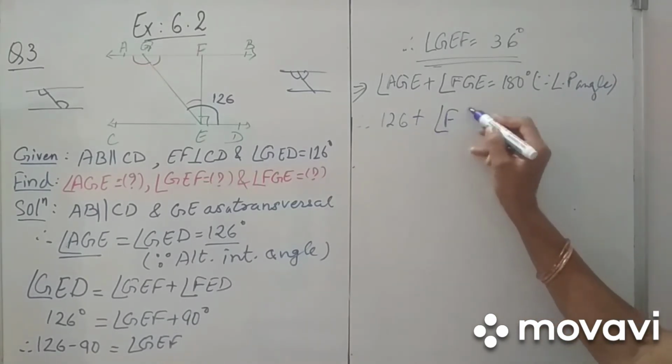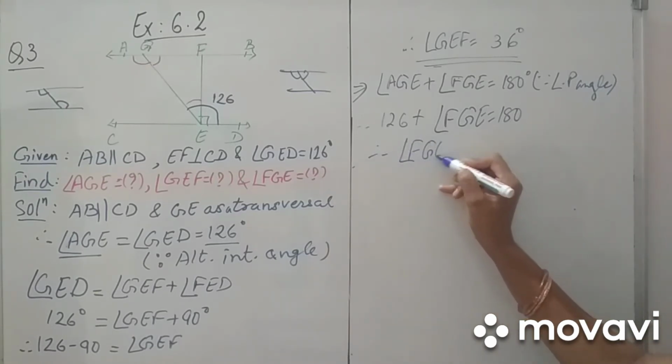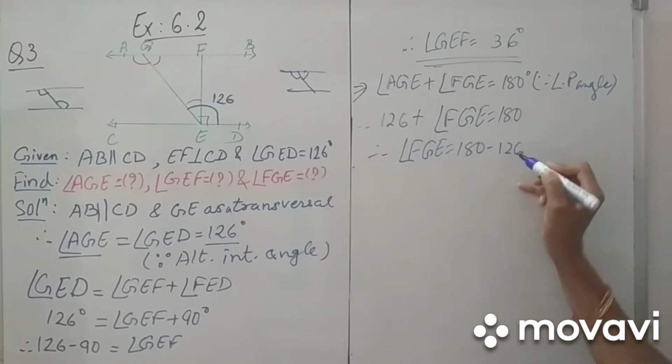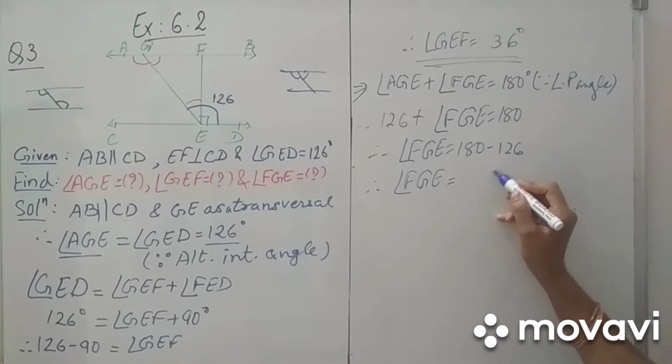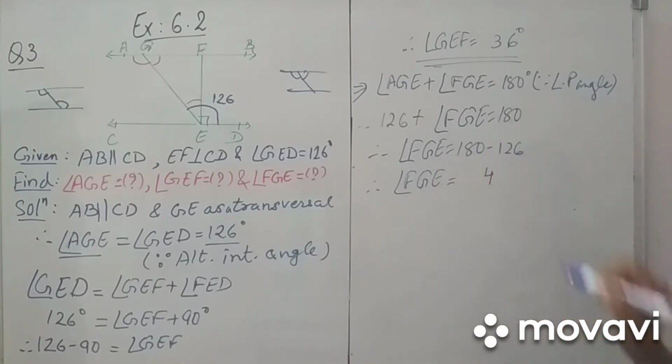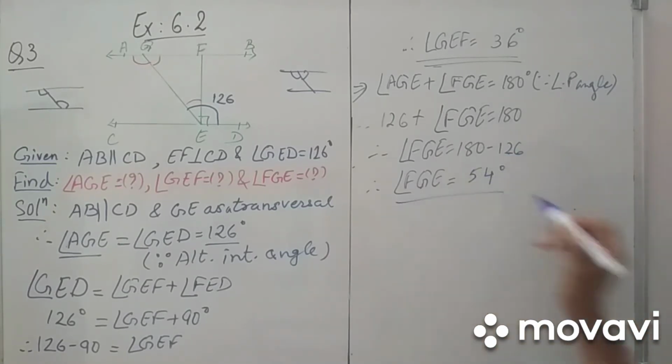Plus angle FGE, which we have to find, is equal to 180. Therefore, FGE is equal to 180 minus 126. Therefore, angle FGE is equal to 54 degrees. So, dear students, this way you have to simplify the sums, applying the properties of angles of parallel lines, what I taught.